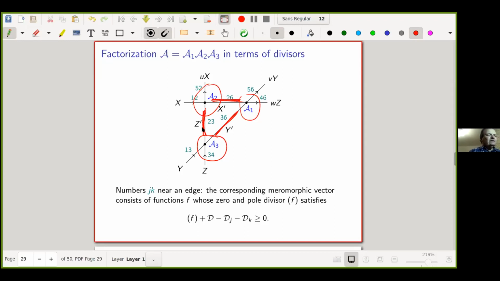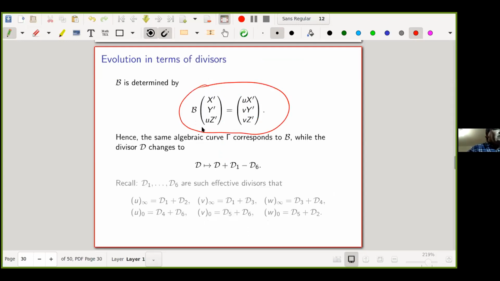Okay, so maybe I can just say that if you look carefully at all this, you will see that this is really like this. And as B is determined by such relation, the same algebraic curve corresponds to B, and divisor D changes with each step of evolution.